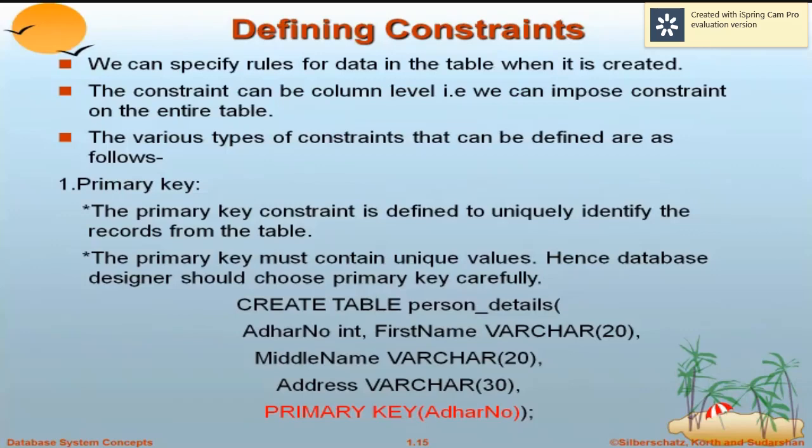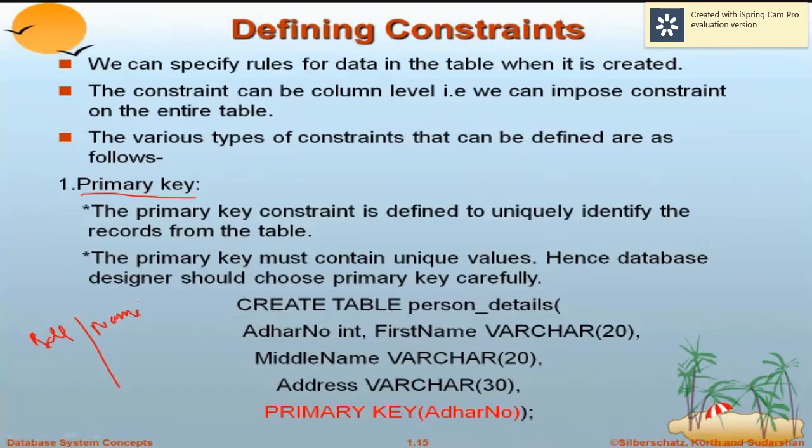The first constraint, or the rule, that needs to be kept in mind while dealing with any relation or a table is the primary key. Key is a very important element of a table. Why? A key is something which makes your data unique. For example, you have a student with the attributes roll number, name, and address.